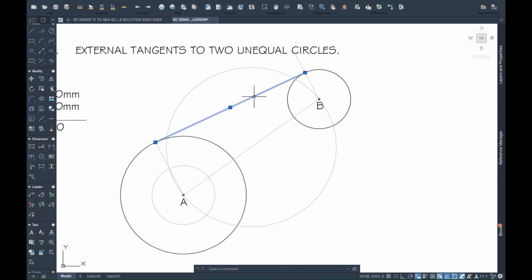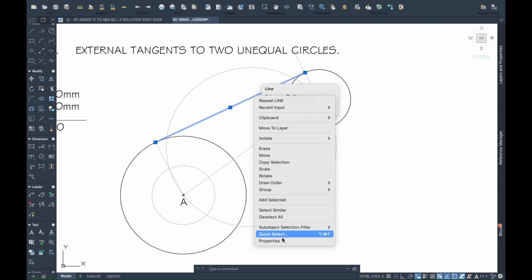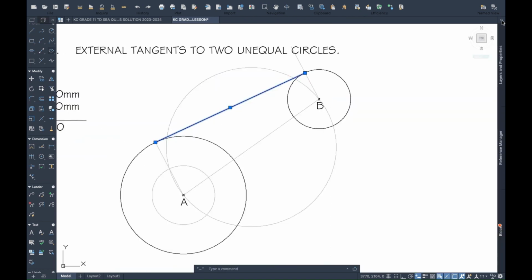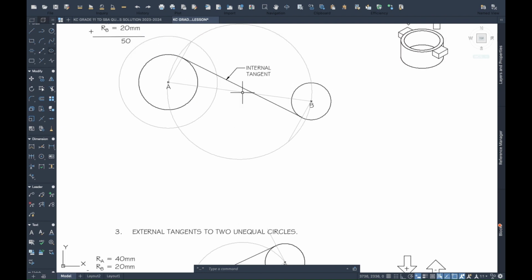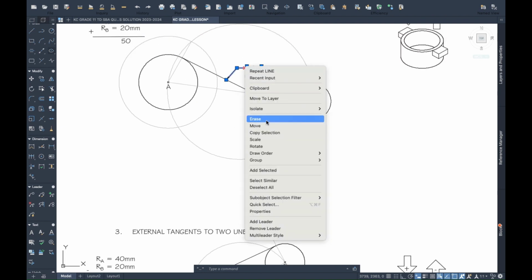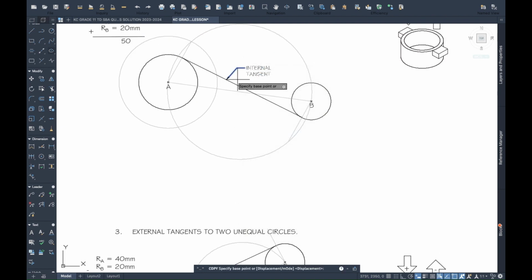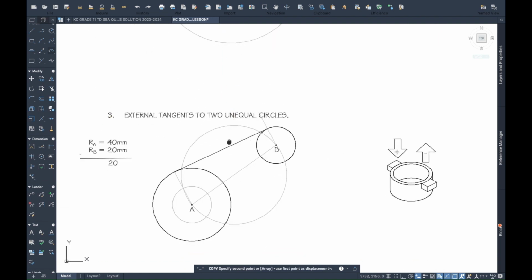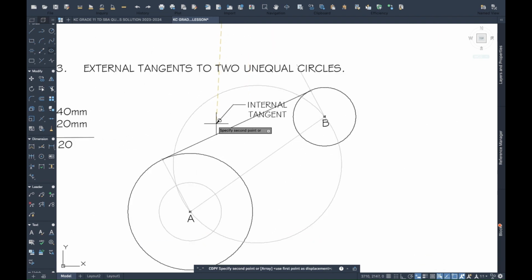Let's brighten this up. Outline. All right, and again, let me copy this, and that will be our tangent.